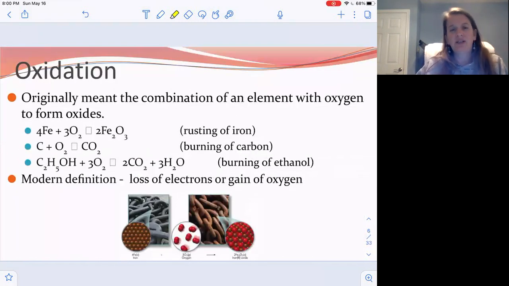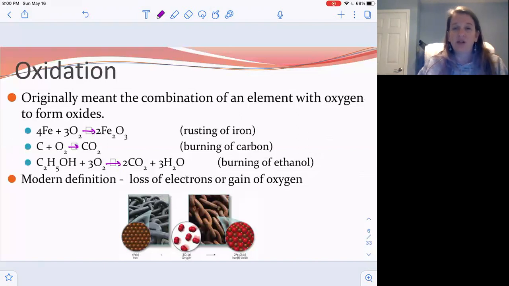So what are oxidation and reduction? Oxidation originally meant that something is going to combine with oxygen to form some kind of oxide. Now these are all supposed to be arrows. I don't know why it shows up like this. All these little boxes are supposed to be arrows. A common example of an original oxidation definition is the formation of rust.